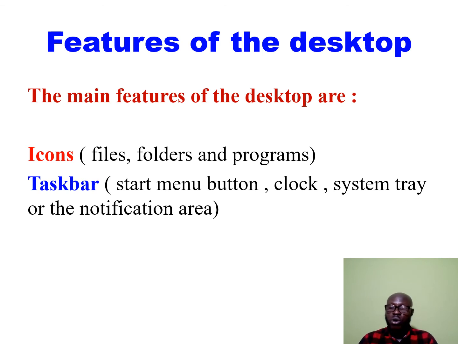For the icons, we can talk about the files, the folders, and programs. Then for the taskbar, we have the start button, the start menu, we have the system clock, the system tray, or the notification area. I hope and I believe you are jotting something down. Good.